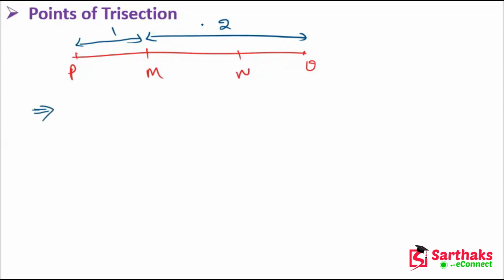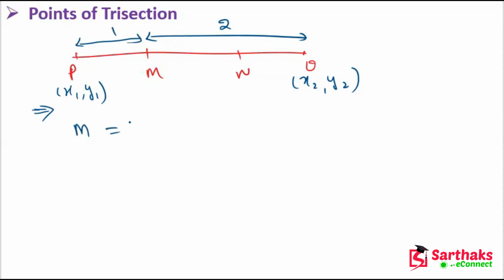Now we have 1 and 2, and let's suppose this point is (x1, y1) and this is (x2, y2). First of all we find the point M, which is (x, y).